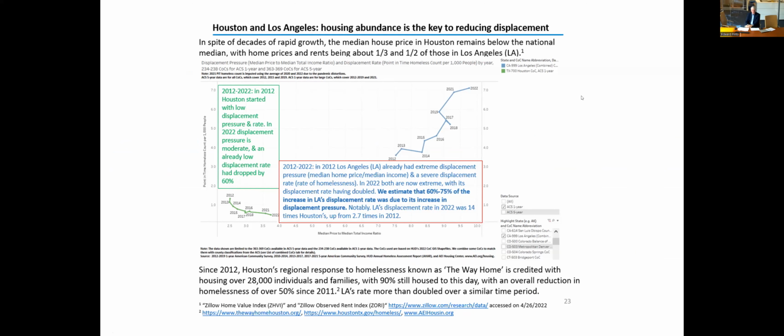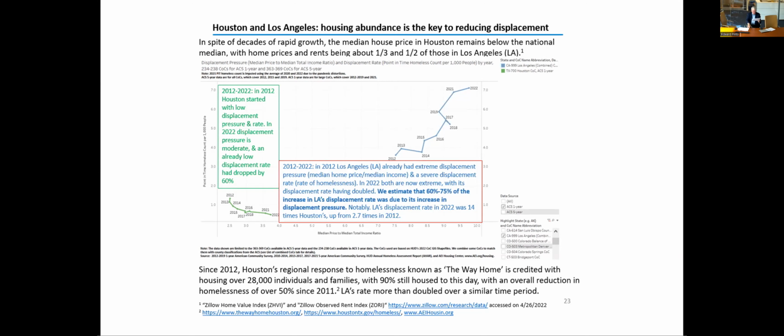Houston, very large urban area. Los Angeles, very large urban area. These numbers, you can see here, the x-axis is what we call displacement pressure, or the median price to median total income ratio. And in Houston, those numbers have ranged in 2012 from 2.8 to today about 3.7, 3.8.